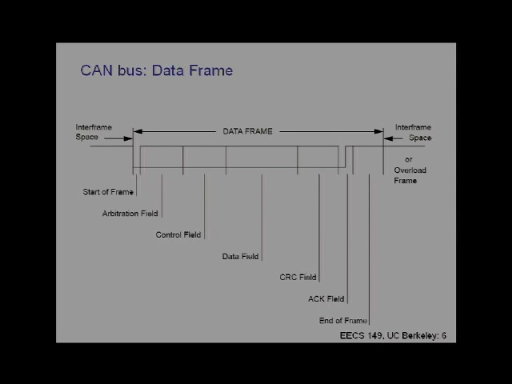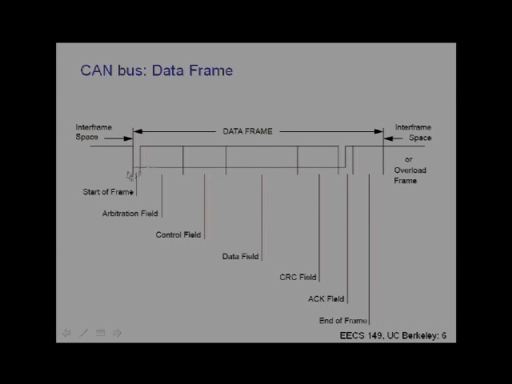There is a mechanism where the priorities get resolved, and nodes back off if they have lower priority than the other message. Now, in order to write the priorities in a synchronized fashion, they first have to do some synchronization. So there's a little bit of time after the bus is idle where they try to synchronize.